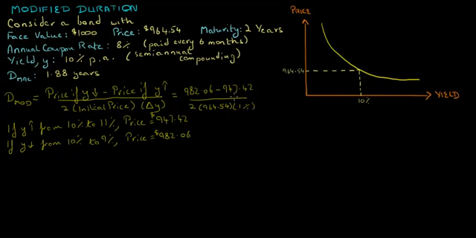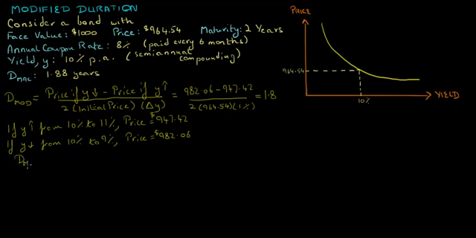Note that we got these new prices after changing yield by 1% in each direction. So in this example, modified duration equals 1.8. This means that if yield goes up by 1%, bond price will come down by 1.8%. And if yield goes down by 1%, bond price will go up by 1.8%.